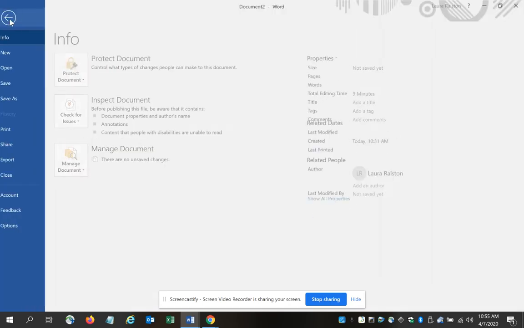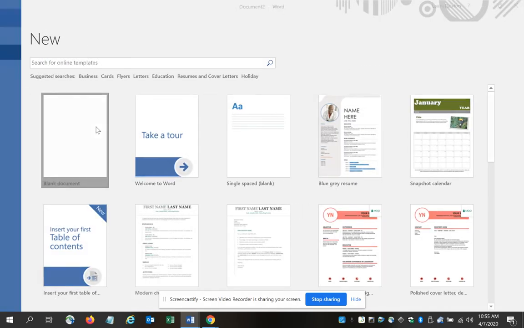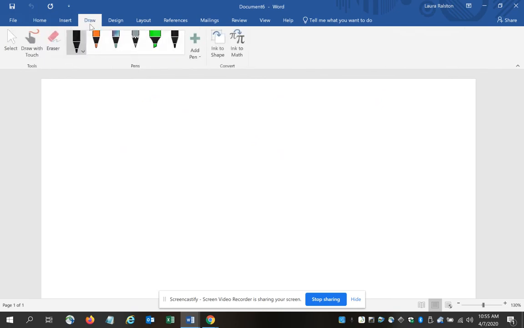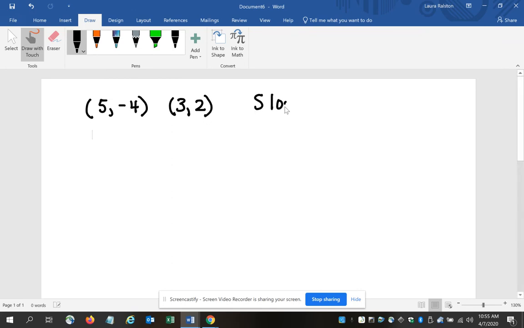So we have the ordered pairs that are given to us: the ordered pair 5, negative 4, and the second ordered pair 3, 2, and we're asked to find the slope.